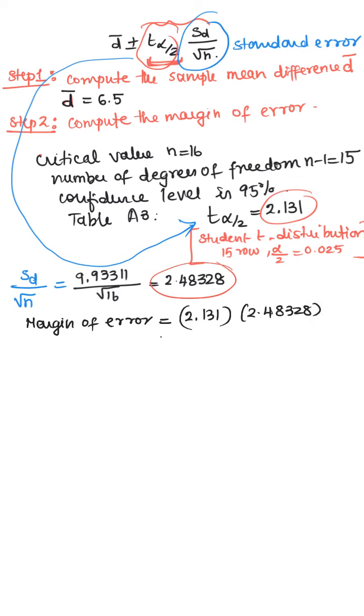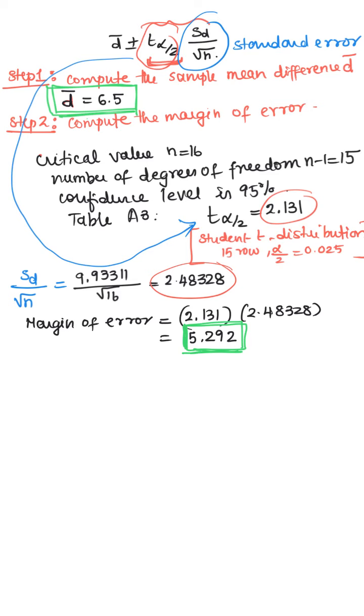That is equal to 5.292. So this is the margin of error. This is the sample mean difference. So add or subtract the margin of error from D bar, you will find the confidence interval.